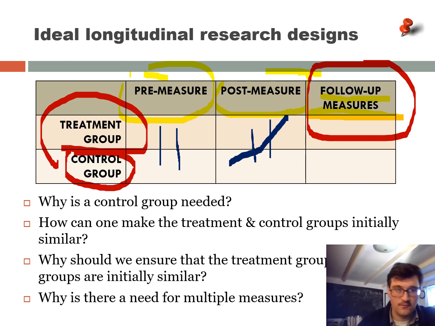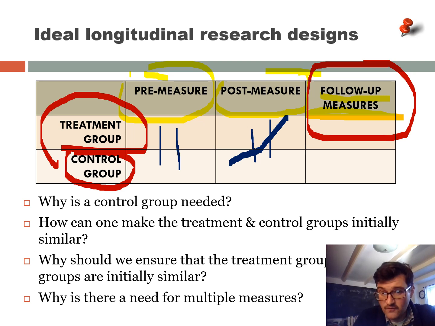So here we can ask some questions like, why is the control group needed? Again, this isn't an ideal design, because let's say we introduce whatever the program is, but the program itself is bad, but people care about it, right? So maybe the actual material we have for our safety training is pretty bad, but people don't want to get hurt, so they learn as much as they can about safety in our context on their own.